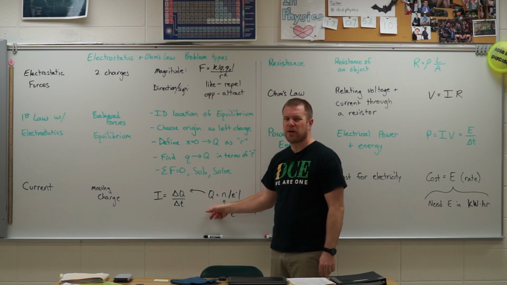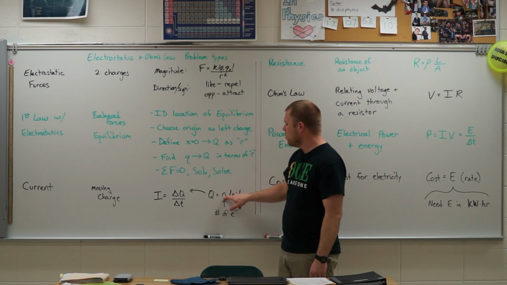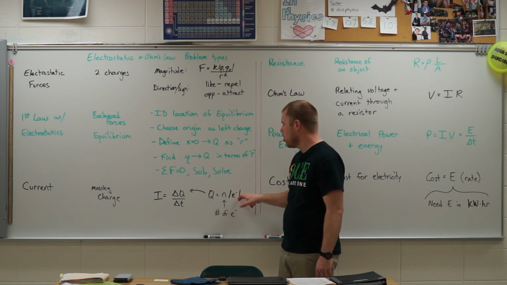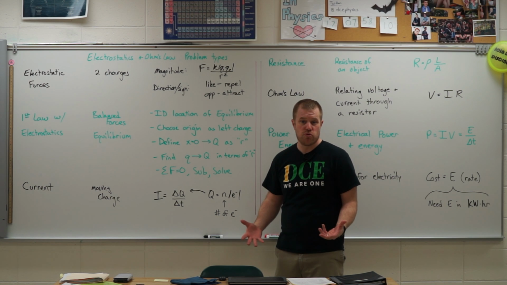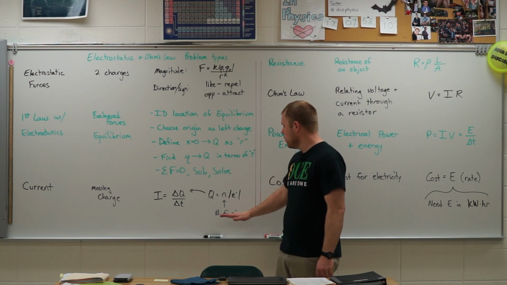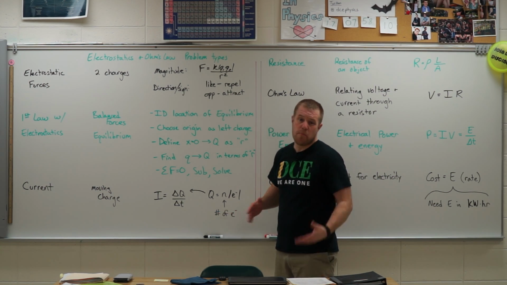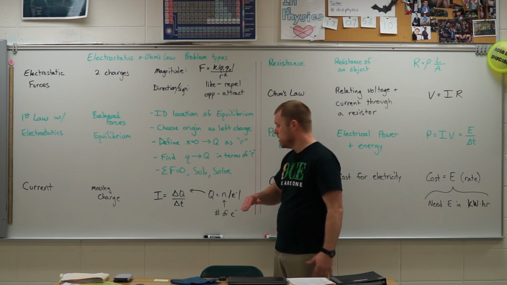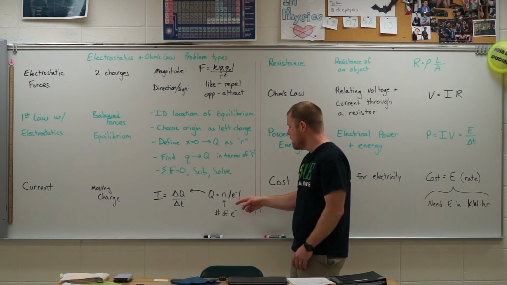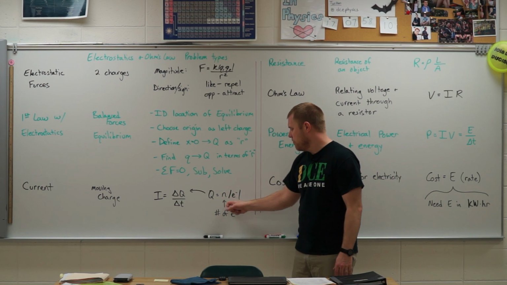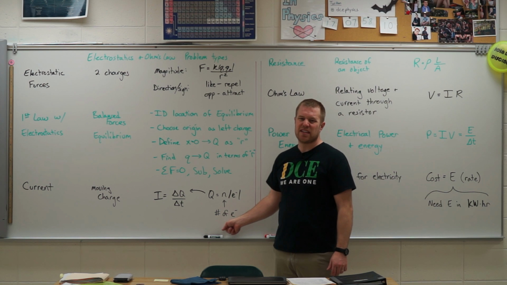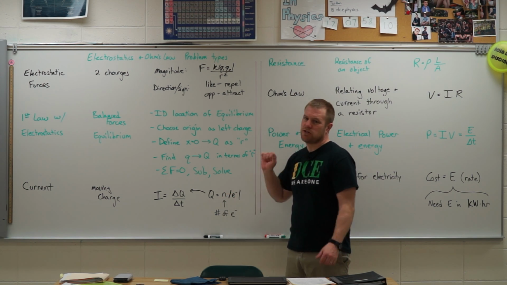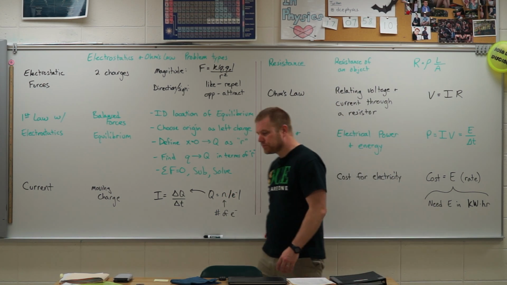And sometimes we'll talk about this amount of charge as equal to n times the charge on an electron, where n is the number of electrons that have moved through that point. So if we ever want to talk about the number of charged molecules or electrons or protons, whatever it may be, this is where we would do that. We'd have to use the charge of whatever the thing that was moving, and typically it's electrons.